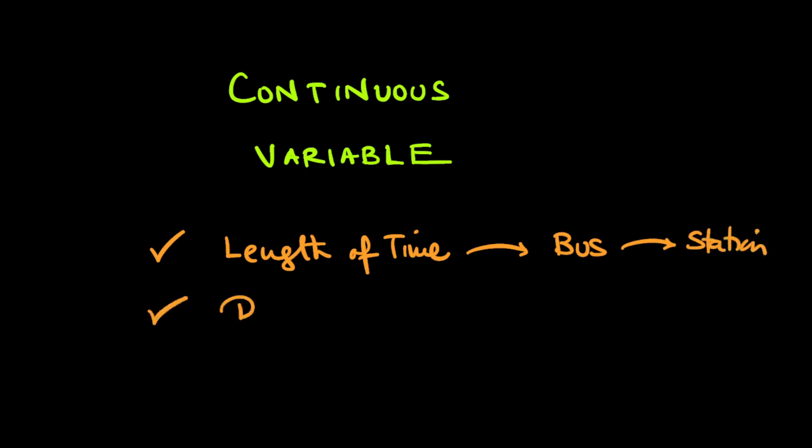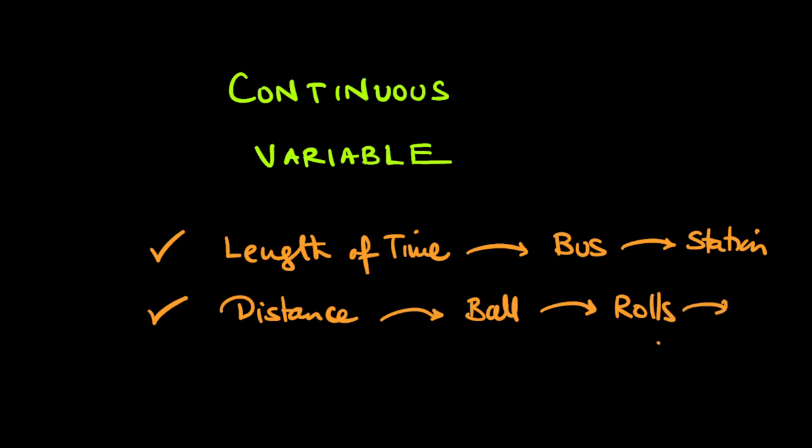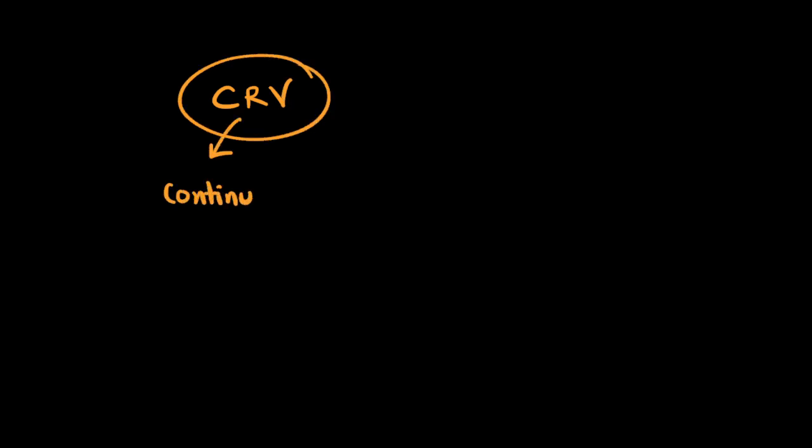It could be the distance covered by a ball as it rolls down a slope. So these are some of the examples of a continuous variable. It cannot assume exact values. It has to be a range of values. So CRV, we are starting with the topic of CRV, which stands for continuous random variable.